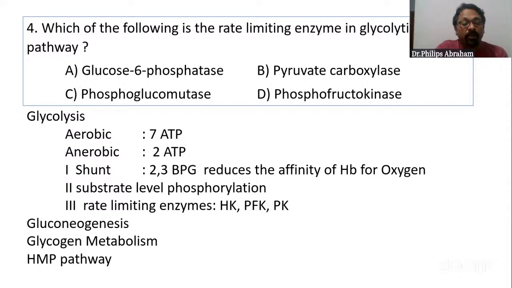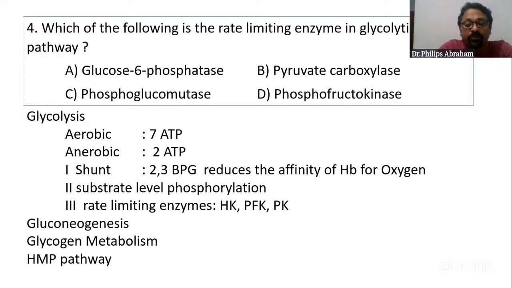Okay, one more question that can be asked related to glycolysis is about clinical conditions. Whenever we take a blood sample for glucose estimation, we always take it in fluoride bottles. Why fluoride bottles? Because fluoride can inhibit glycolysis in RBC by inhibiting the enzyme enolase.